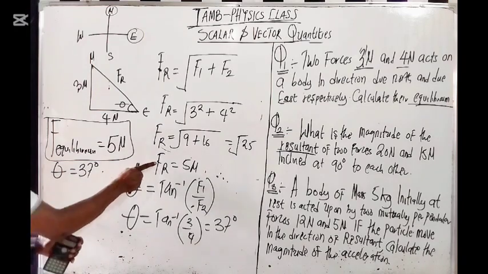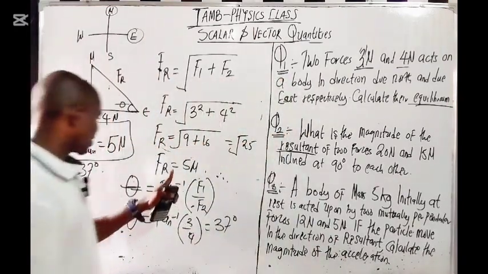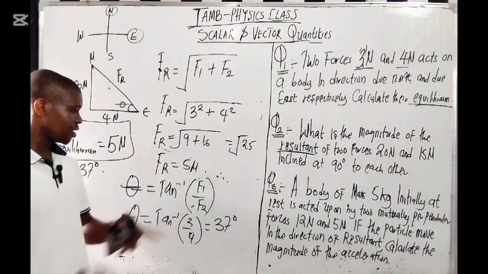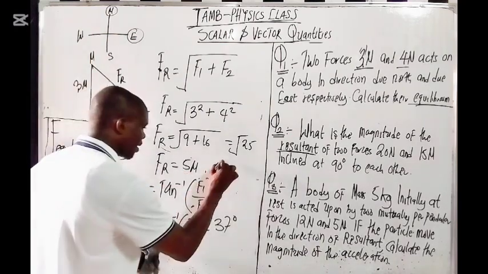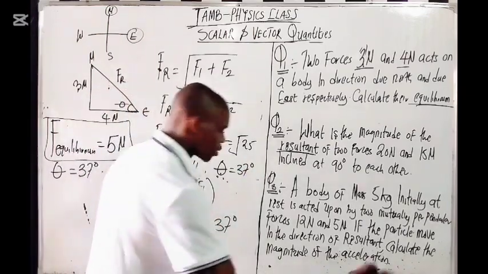So my resultant force here, if you check it very well, is 5 Newton. My theta here is 37 degrees. Now look at something here.